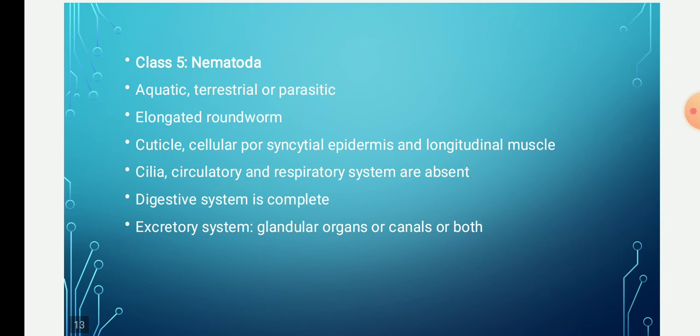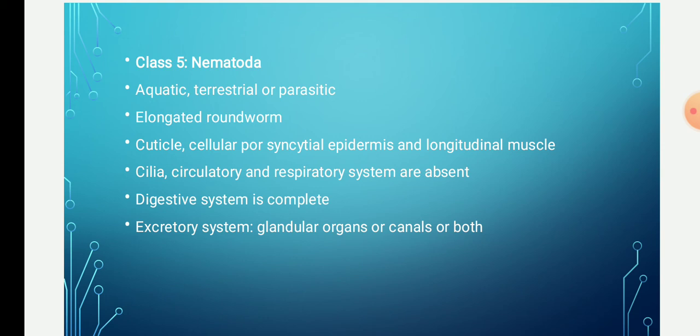Next class is Nematoda. Most of us will be aware of Nematoda, and we have heard about it, because nematodes are parasites which also infect human beings. So this class Nematoda includes aquatic, terrestrial or parasitic elongated roundworms.